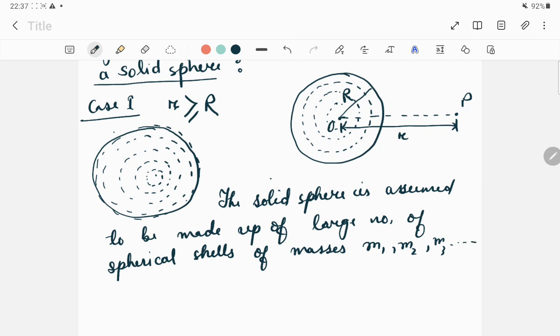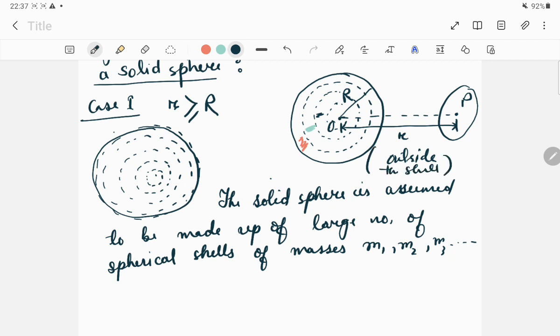Since we are considering the solid sphere to be made up of a large number of spherical shells, whichever shell you consider, you are always outside the shell.